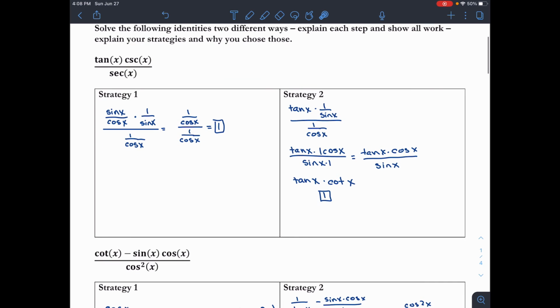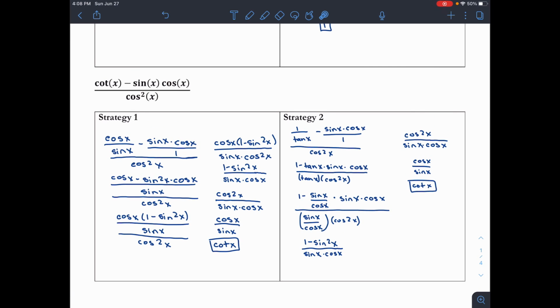Explain your strategy and why you chose them. So the strategy for the first one was to convert the cotangent to cosine over sine, and then from there we just simplify. We subtract this, we put a common denominator, we factor out cosine. Then what we did is multiply sine x with the numerator and denominator to cancel this out.